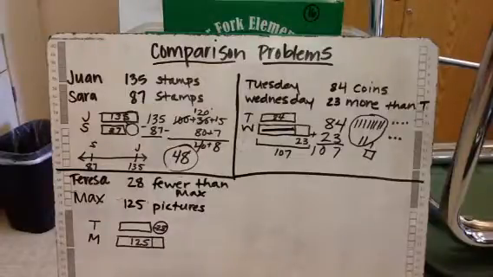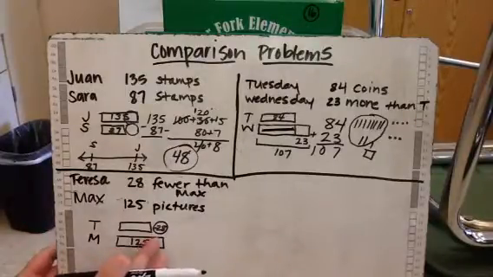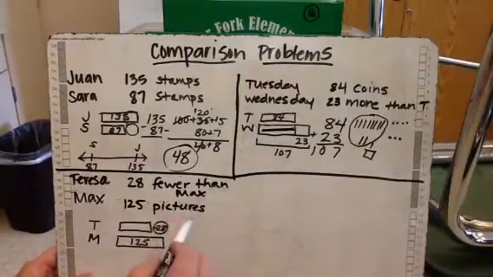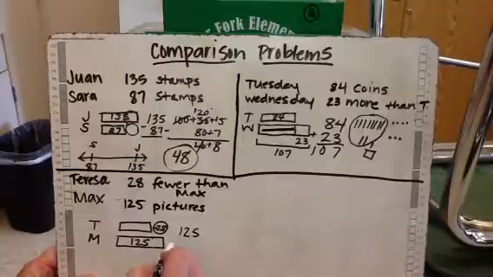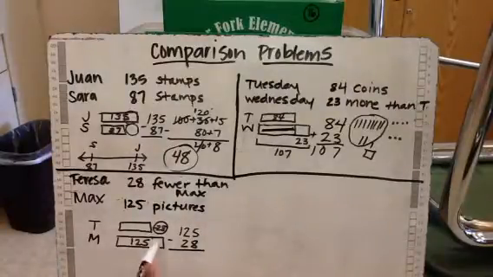So I'm going to use subtraction because I'm going to take away what he has extra. So I'm going to take the 125, and I'm going to subtract the extra pictures that he has more than her, and it'll help me figure out how many she has.